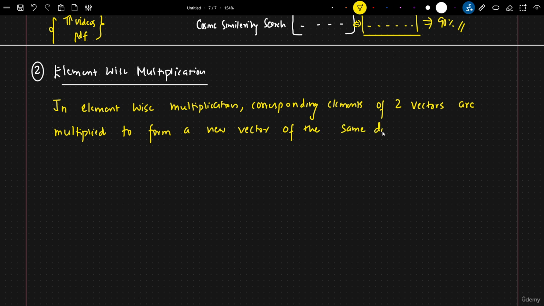Okay, of the same dimension. So let's talk about this element-wise multiplication and how exactly it is done.